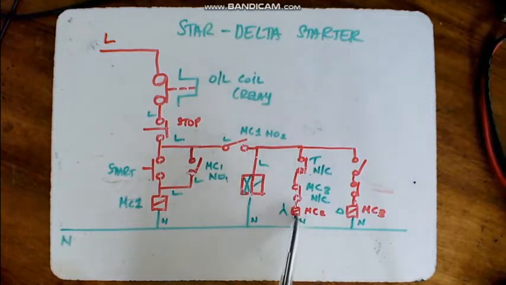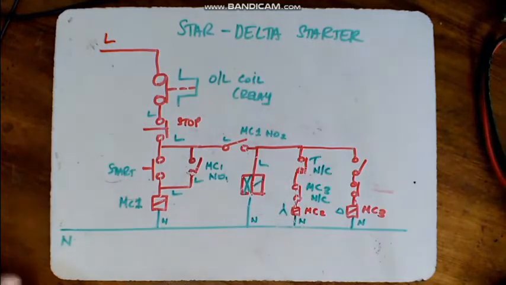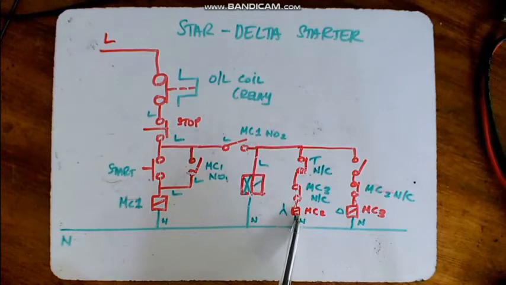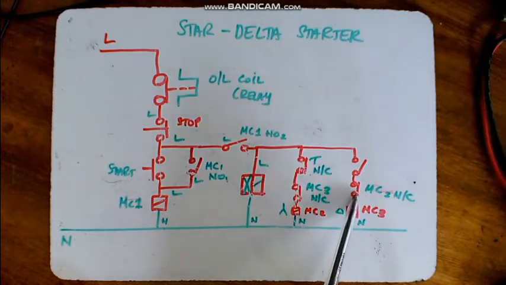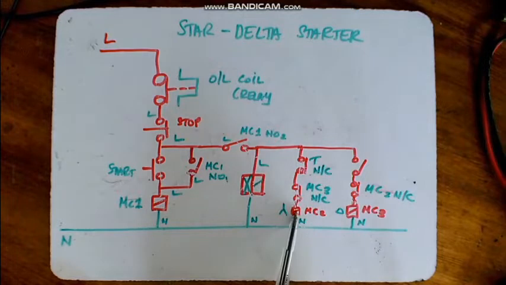When this main contactor that controls the motor now switches off, it'll trigger a switch. So when this contactor that controls the motor is running, this switch will be open. When it's not running, the switch will be closed.